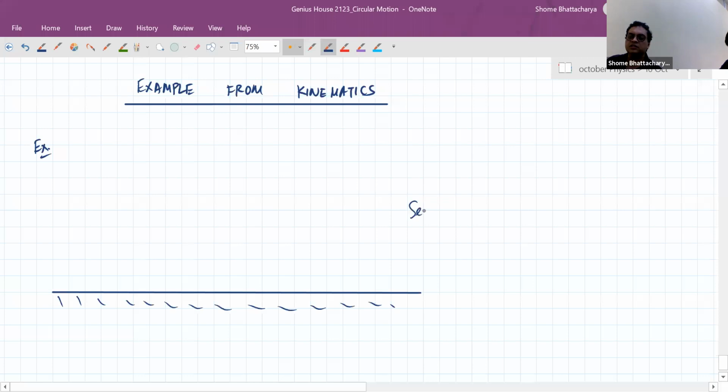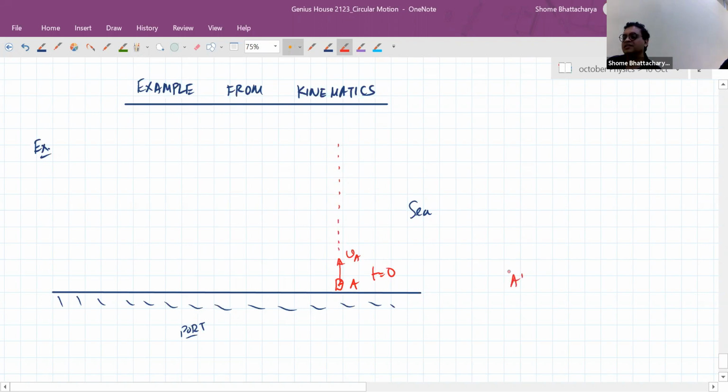This is the sea on this side, and this is the port. At time t equal to 0, one ship, A, sets sail, starting its motion with velocity va in a straight line like this. It has a uniform motion.